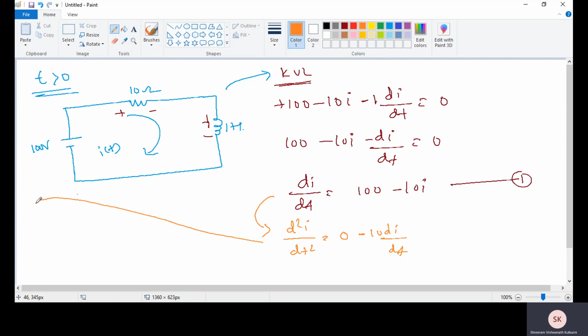Now I will put d square i by dt square at 0 plus is equal to minus 10 di by dt at 0 plus. Minus 10, we know this di by dt is 100 ampere per second, so into 100, that is minus 1000 ampere per second square.